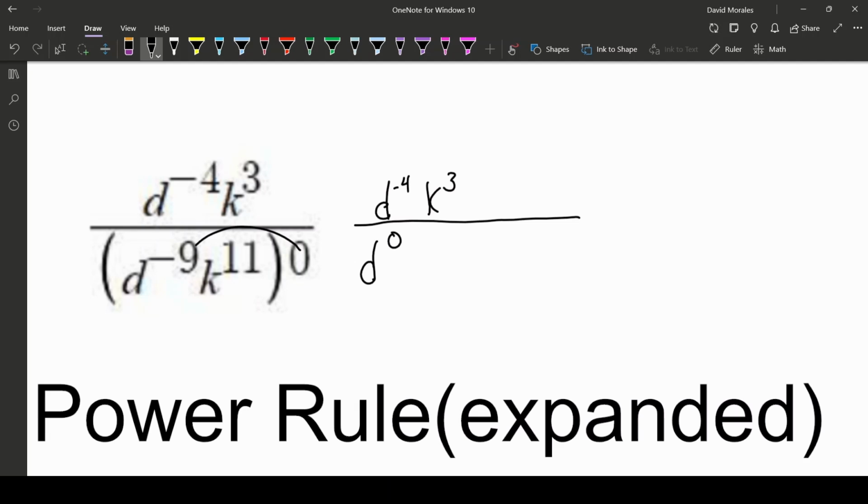All right. Now next, k to the 11 times 0. What is 11 times 0? 0. Okay. Now I'm done with the power rule expanded. The next rule I'm going to apply is the 0 rule.